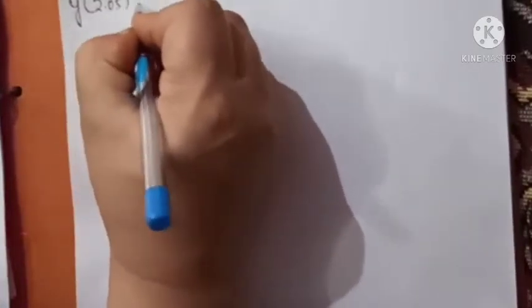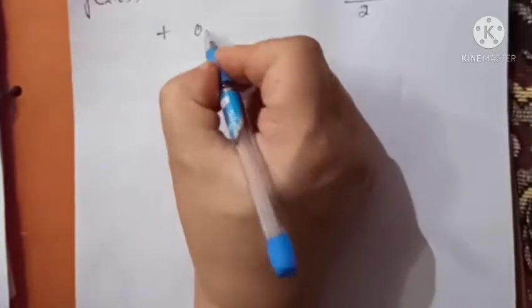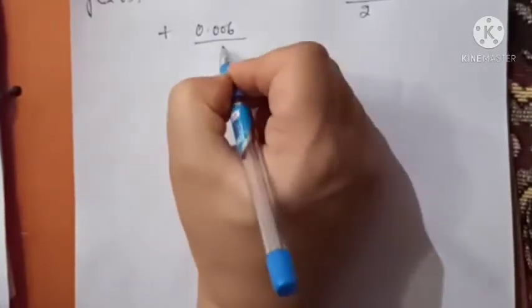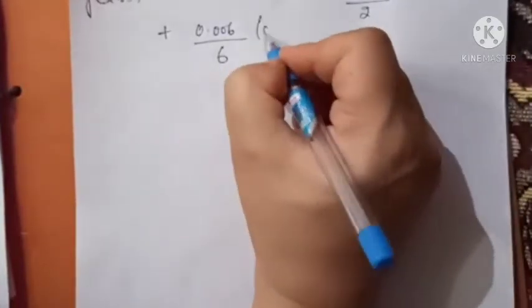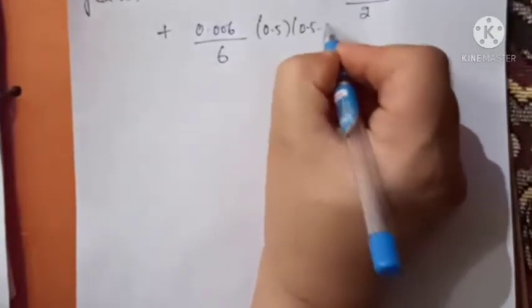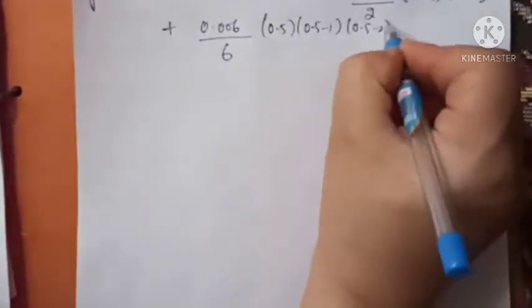So y of 2.05 will be equal to 11.0 plus 1.261 times 0.5 plus 0.126 divided by 2 into 0.5, 0.5 minus 1 plus 0.006 divided by 6 into 0.5, 0.5 minus 1 and 0.5 minus 2.